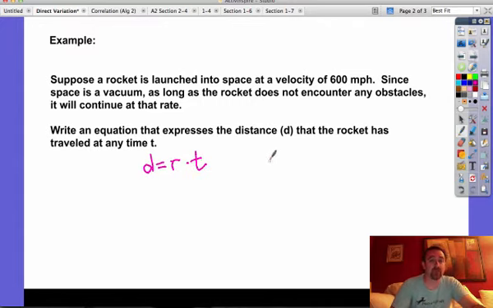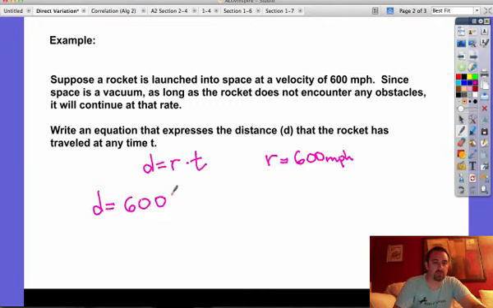Now we have a rate. The rate is 600 miles per hour. And if we have time in hours and distance in miles, then we have our setup here. So let's write an equation that expresses the distance at any time t. d equals 600t.